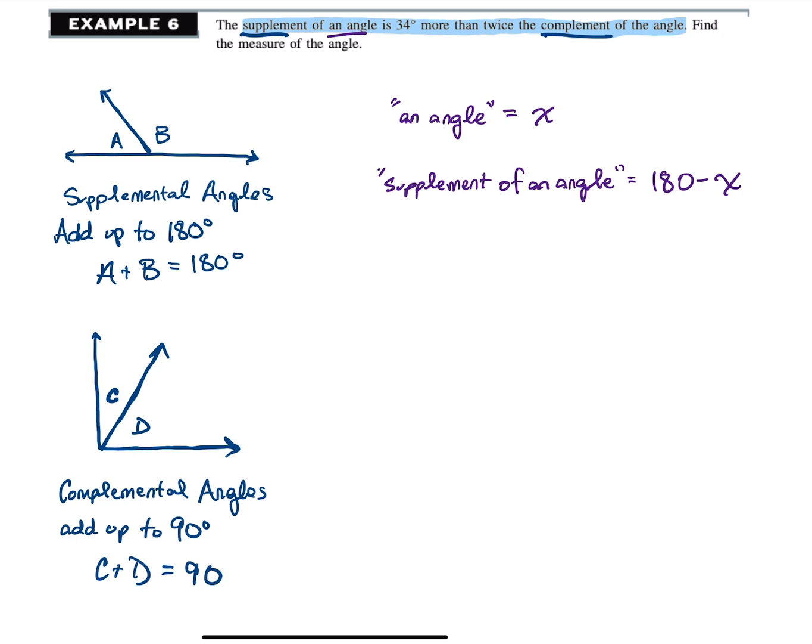We can subtract it from 180 and we'll get the supplement. And then the complement of the angle, we can do a similar thing and say 90 minus that angle.